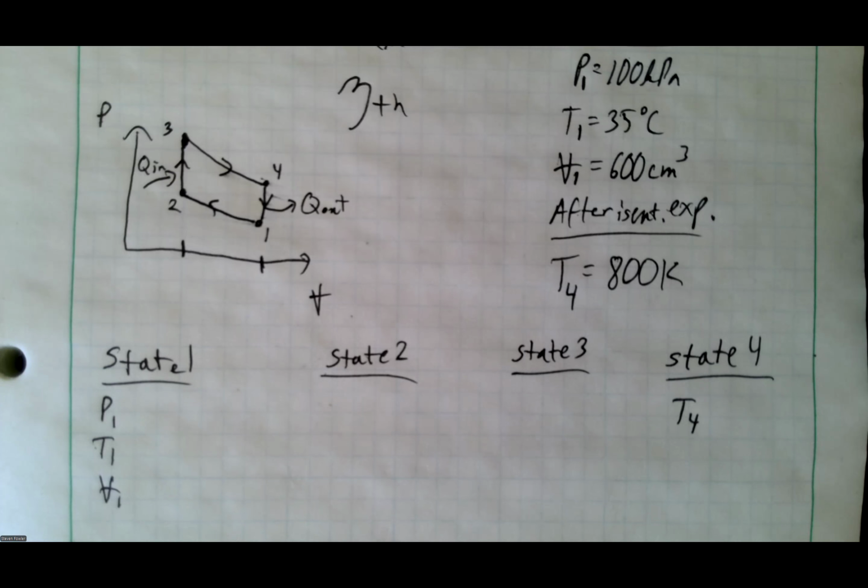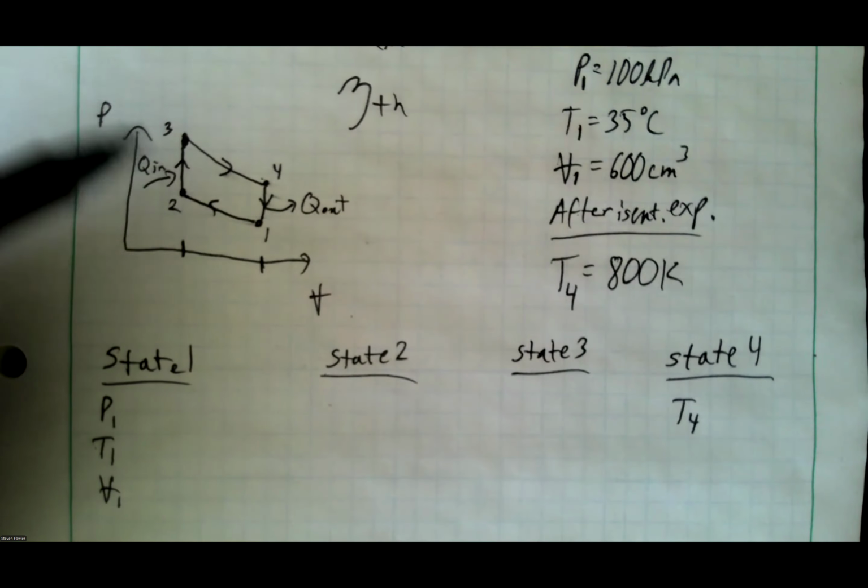So again, I would ask my class, we're just sitting here staring at the board, and they're uncomfortably hoping I will give them the answer, and I won't. I'm just going to wait until they give me answers that we like. And I'll ask, what properties might be constant between some of these states?